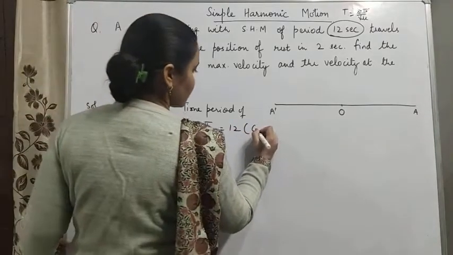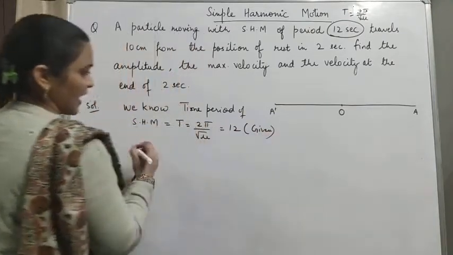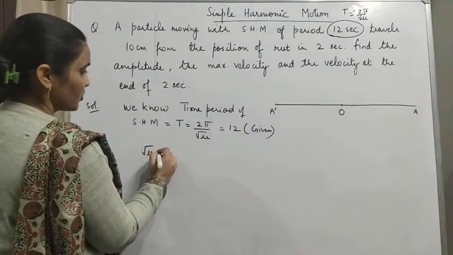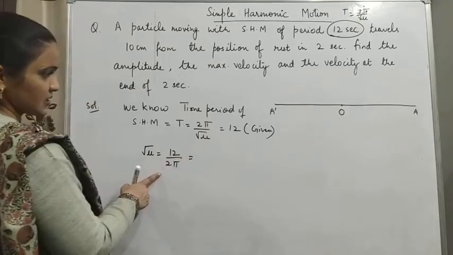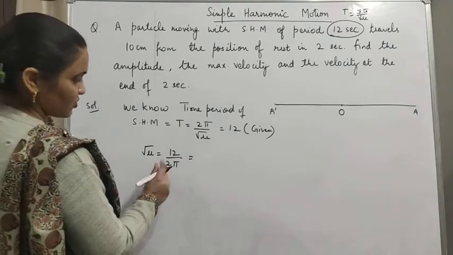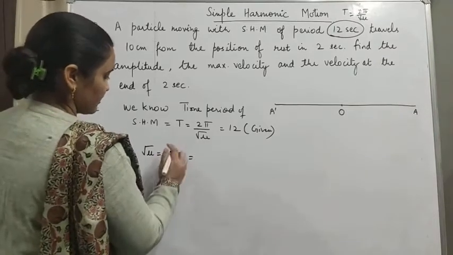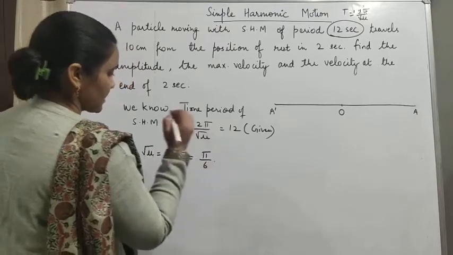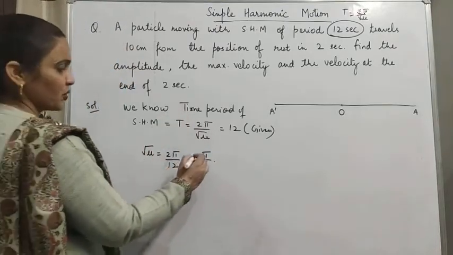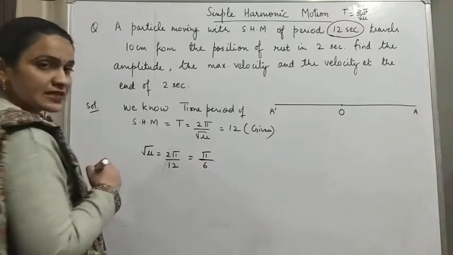This is given to you. So we have under the root mu is equal to 2 pi upon 12. So it is pi by 6. So value of under the root mu is pi upon 6.